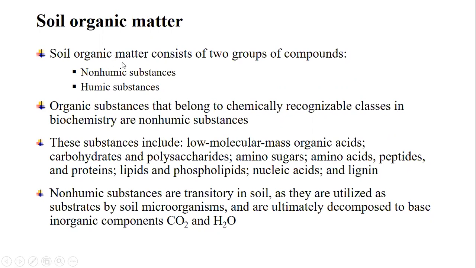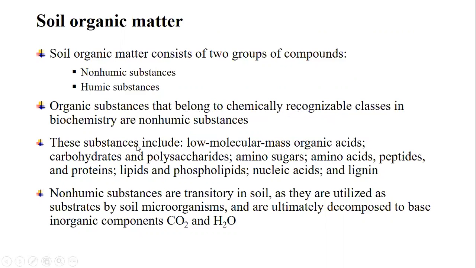Okay, soil organic matter consists of two groups of compounds, non-humic substances and humic substances. We also cover this in the undergraduate course, but I will go over it quickly. You can read more details in your textbook. Organic substances that belong to chemically recognizable classes in biochemistry are non-humic substances. So they are part of what we know as biochemical compounds.